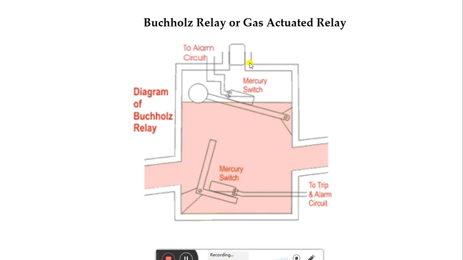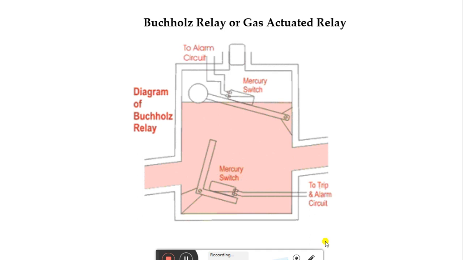So this is a simple circuit diagram of the Buchholz relay, or it is also called the gas actuated relay. Now this relay may operate when there is a fault inside the transformer or outside the transformer. However, in some cases there may be a false operation of this gas actuated or Buchholz relay. That is, while filling the transformer oil inside the casing, there may be a surge of oil.